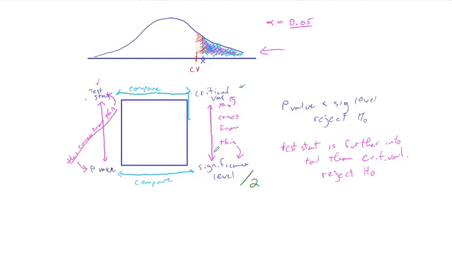Or if it's the p-value method, and you're going to get the p-value from your test statistic, the p-value method for a two-tailed test says multiply the p-value by 2 before comparing it to the significance level. So the critical value method, you divide by 2, and the p-value method, you multiply the p-value by 2.